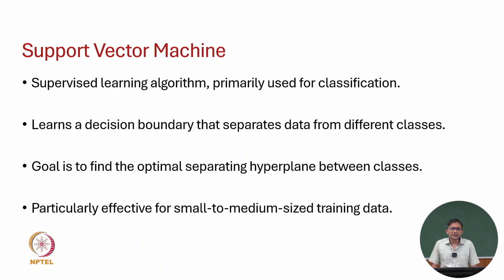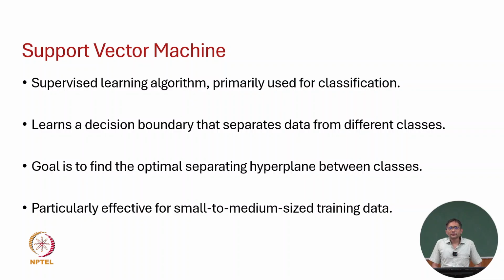So support vector machine is a supervised learning algorithm primarily used for classification. What it does is it learns a decision boundary that separates the data from different classes. The goal is to find the optimal separating hyperplane between two given classes.